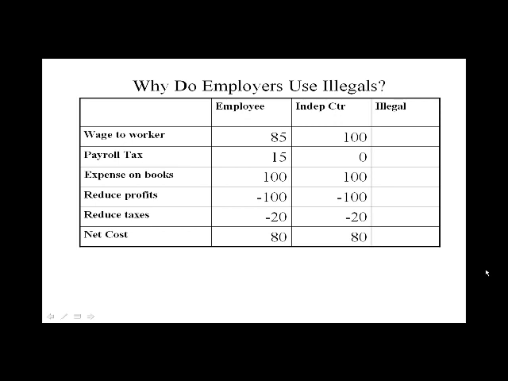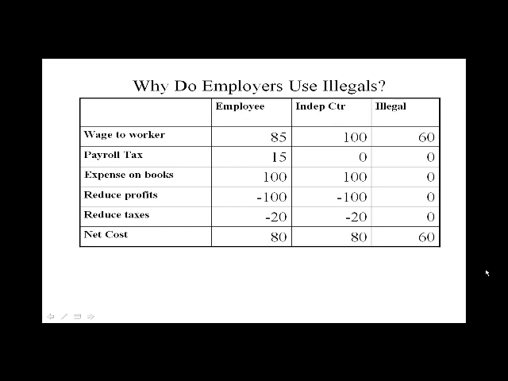But what if we hire some day worker off the street? We can't show it on the books. I mean, that's asking for trouble if somebody comes in and does an audit. Okay? But it doesn't reduce our profits. But we pay that person because they're an illegal. We pay them substandard wages. And unfortunately, the people who do this, the day laborers and that, are forced to work for these substandard wages.